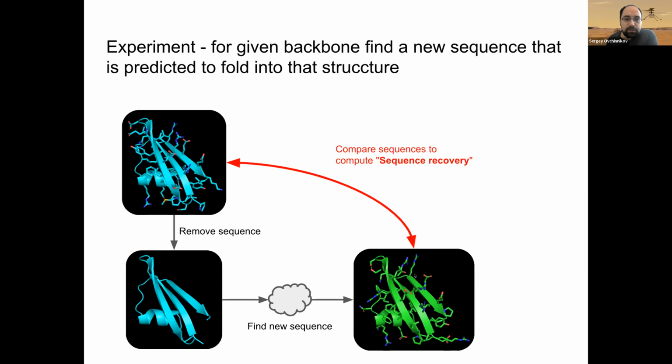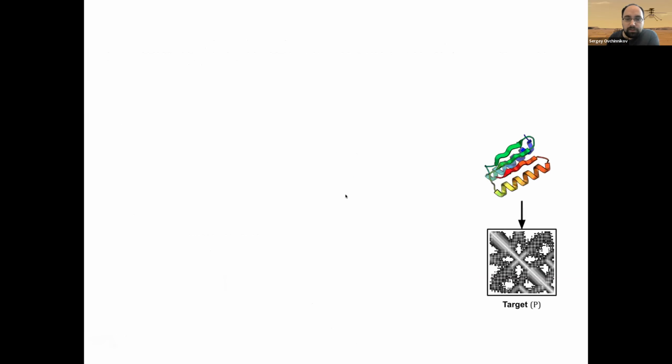The idea here is that if AlphaFold has a really good understanding of the mapping of structure to sequence, then using this procedure where you input the structure as input, it should result in a higher sequence recovery.